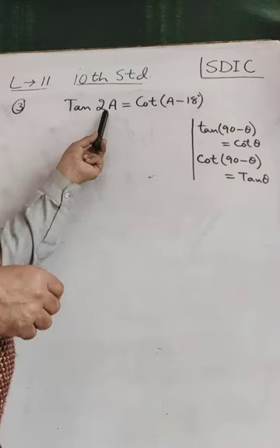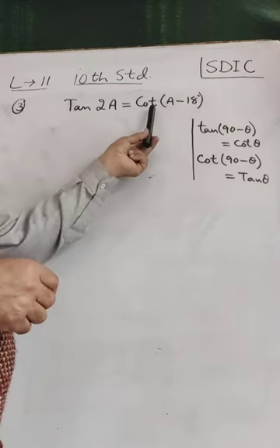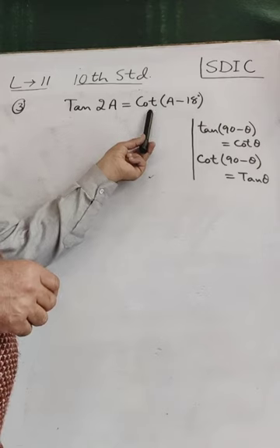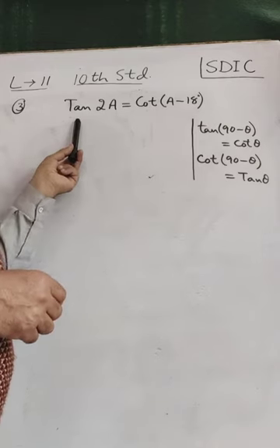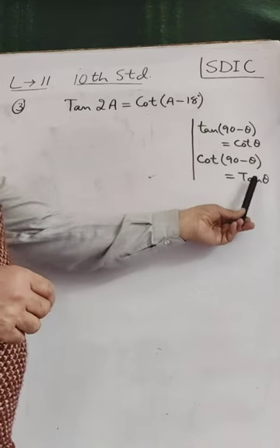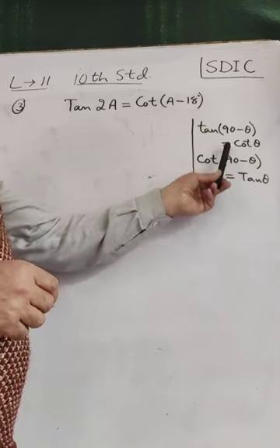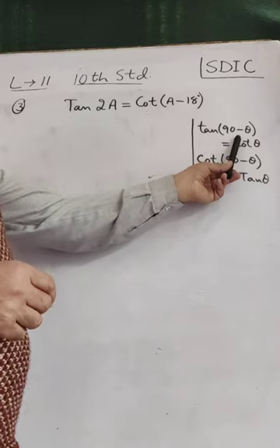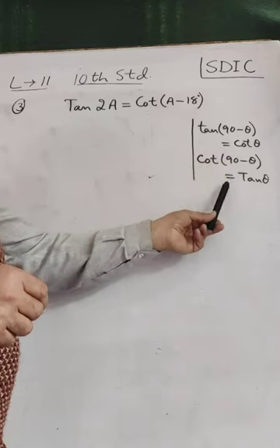Here we have a binomial angle with cot. When we look at the relations, we find this second relation has a monomial angle with tan. In the first relation tan has a binomial angle, so this relation we will not use, we'll use the second.